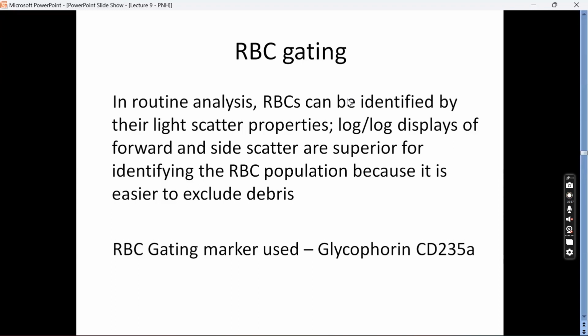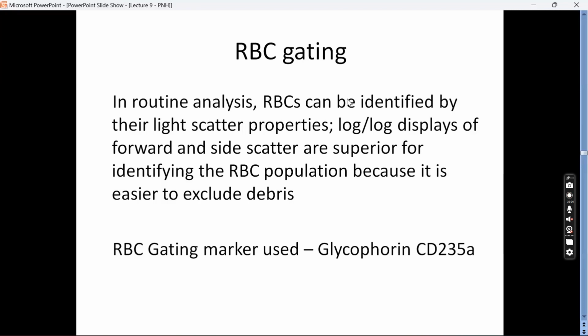Why? Because CD14 is a GPI linked marker. If you use that to get the monocytes, then in a PNH patient the monocytes will not express CD14 and you will miss the population. You will not take the monocytes for further analysis.